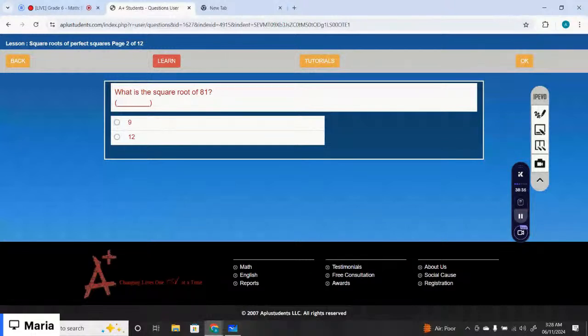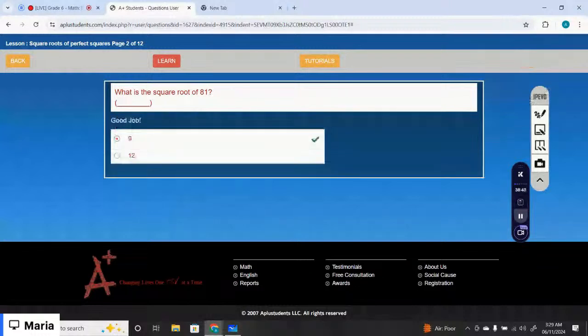So square root of 81 is 9. Option number 1 is the correct option. Got it? That is 9.